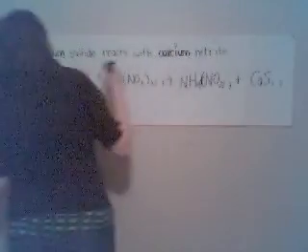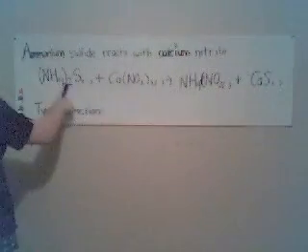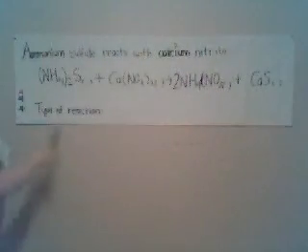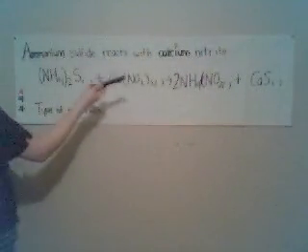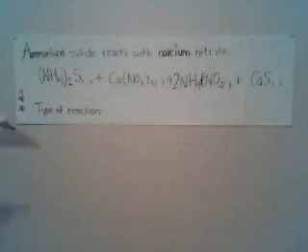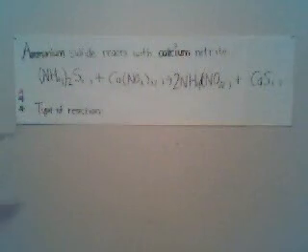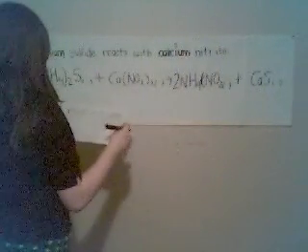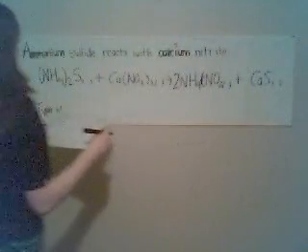You have 2 ammonium over here and 2 nitrate over here, so all you gotta do is write 2 right here, and then it's balanced: 2, 2, 1, 1, 1, 1, 2, 2. All good. Now is the tricky part, finding the states, which is basically the only reason we're doing this right now.